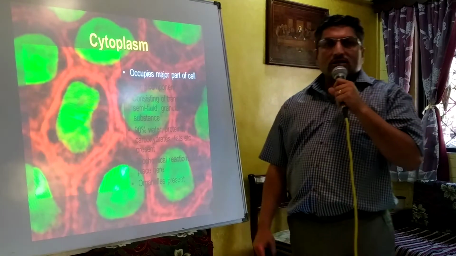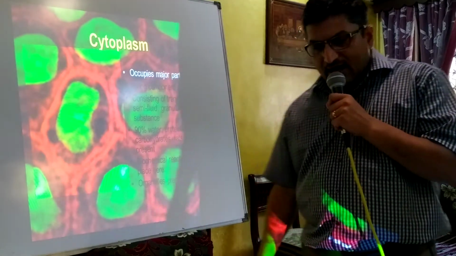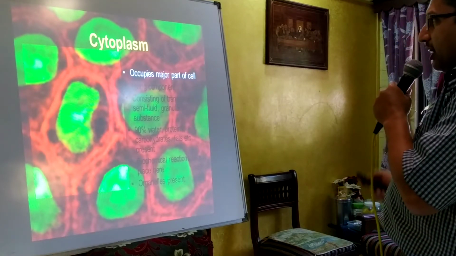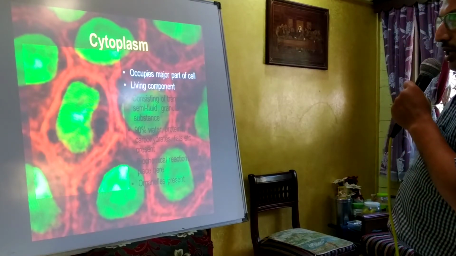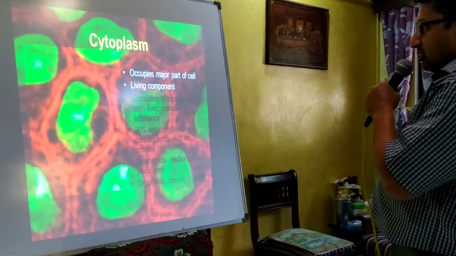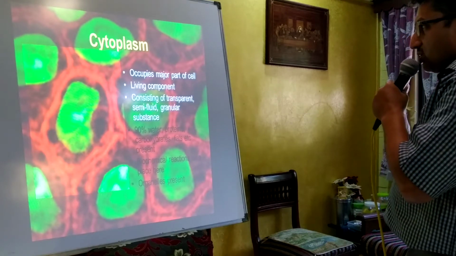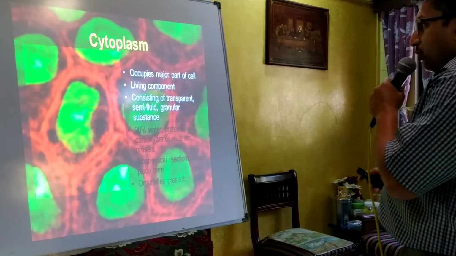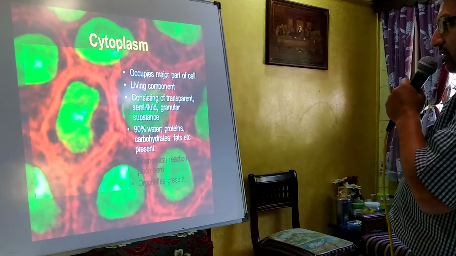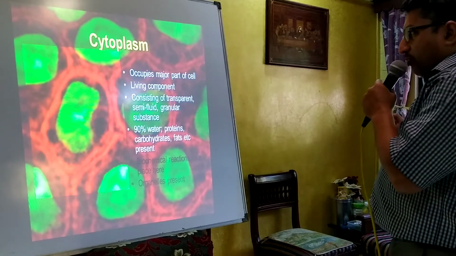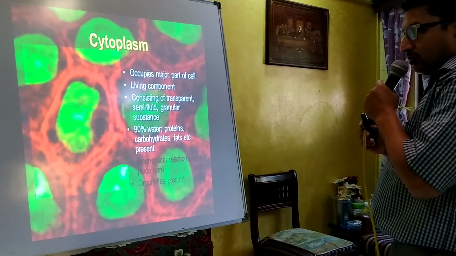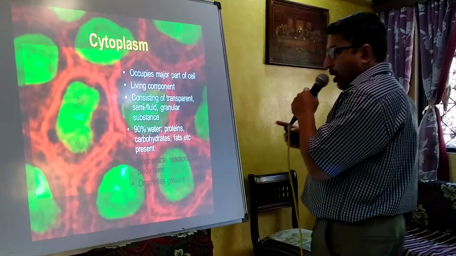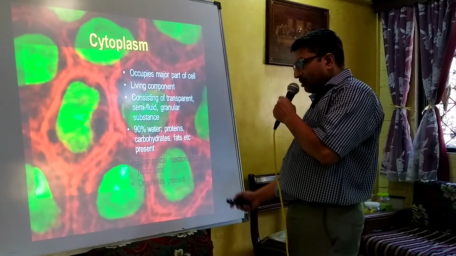We then move on to cytoplasm. And as we notice, it occupies the major part of the cell. It is the living component of the cell. It consists of a transparent semi-fluid substance. 90% of cytoplasm is water, and the other 10% is made up of proteins, carbohydrates, fats.